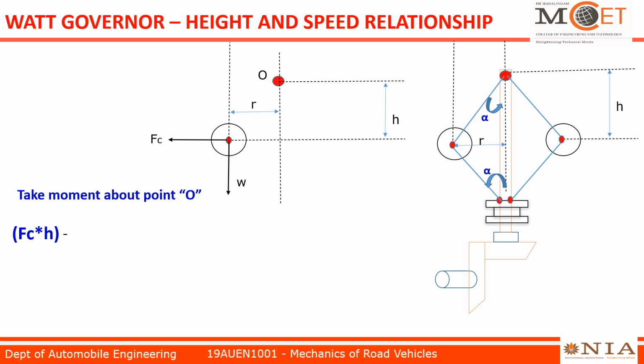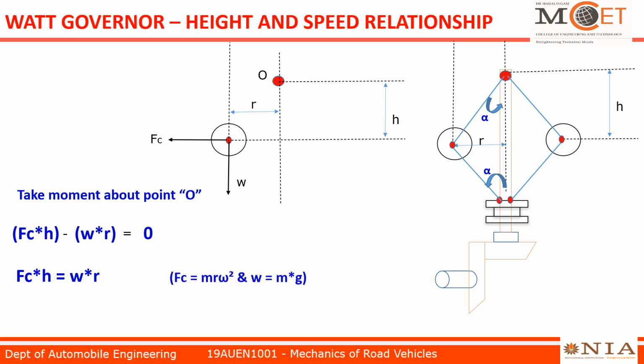The moment about point O because of self weight will be W into r, and the sum is equal to 0. Now Fc into h equals W r. Fc indicates centrifugal force, h indicates height of governor, W indicates weight of ball, r indicates radius of rotation.